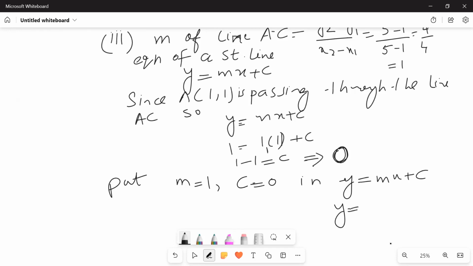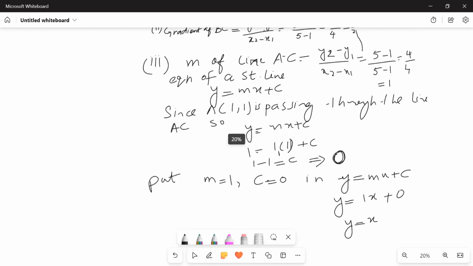M is 1, x plus 0. The equation of the line is y equals x. Got it? Any confusion or any question?